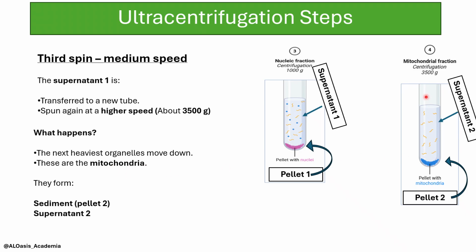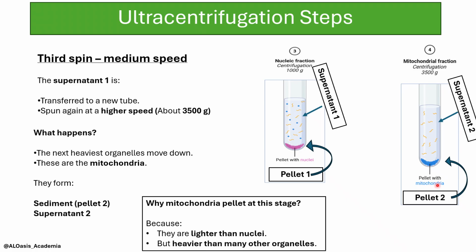So spinning the homogenate at 3500 G allows us to precipitate the mitochondria, and we get them in the pellet. So why are the mitochondria pelleted at this stage? Because they are lighter than the nucleus.